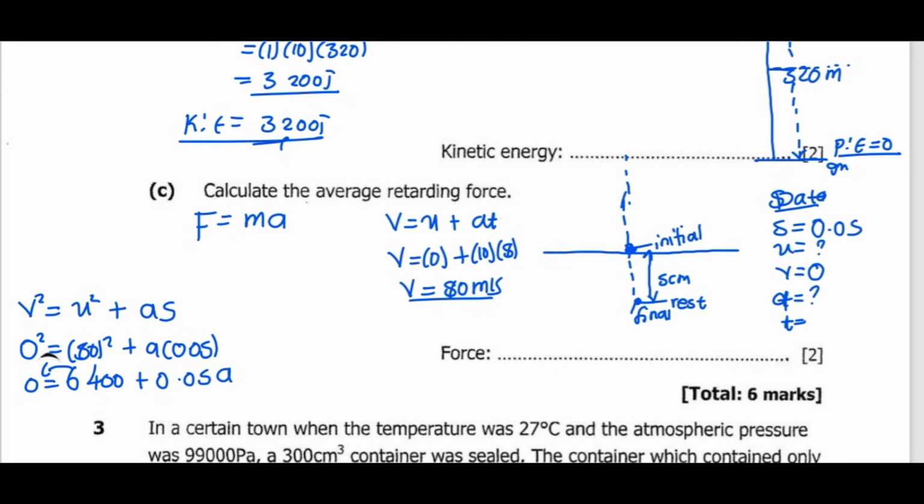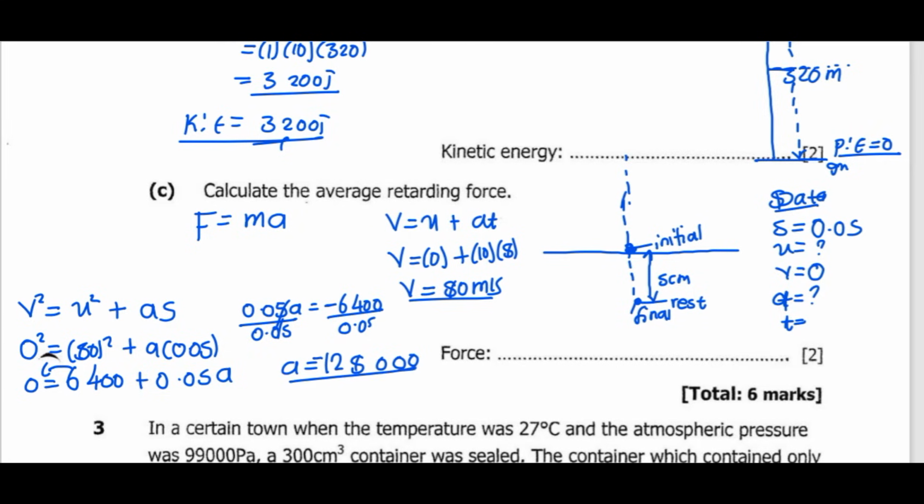So we shift this number to this side. So this will give us 0.05 is equal to negative 6,400. We divide by this, also by this. So what's our acceleration? Acceleration is equal to, so I'm getting 128,000 negative.